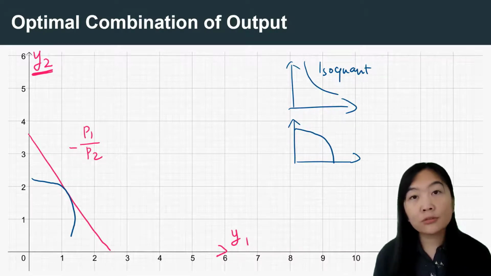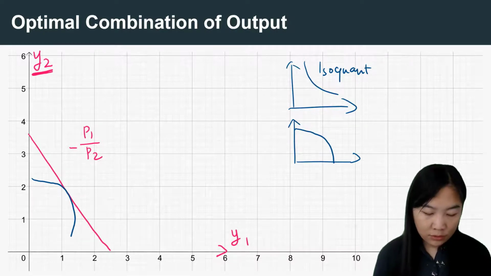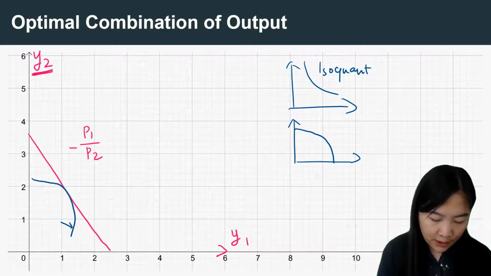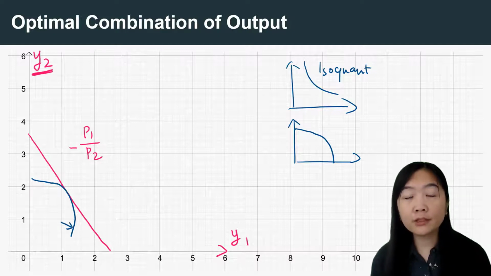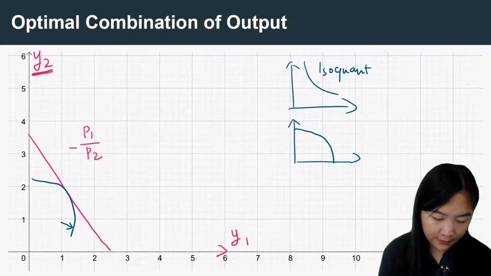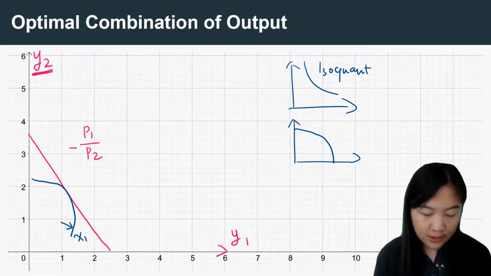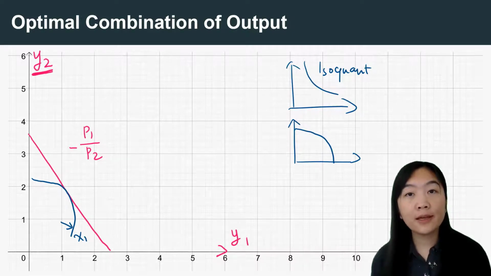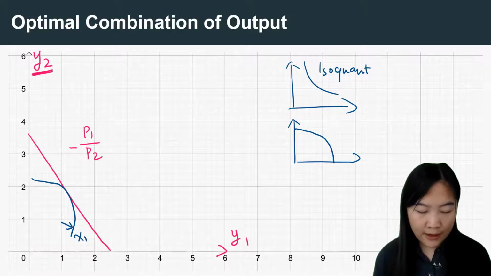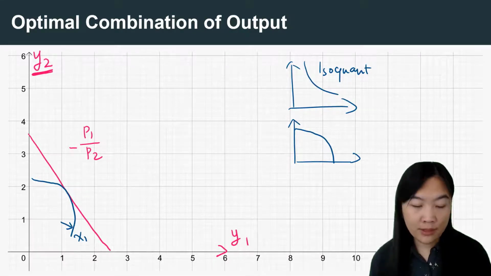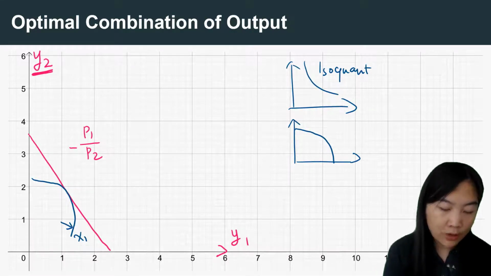In order to maximize revenue for this given product transformation curve, for each product transformation curve the input level is given. So let's say this is X1, a given level of X1. Then the producer is trying to find the maximum revenue that he or she can get.